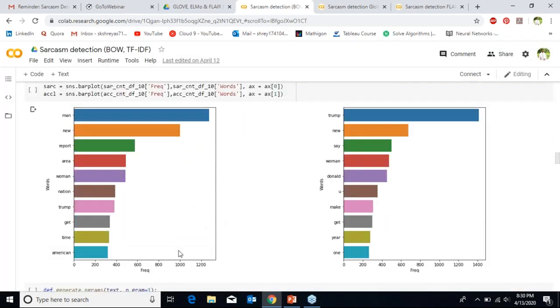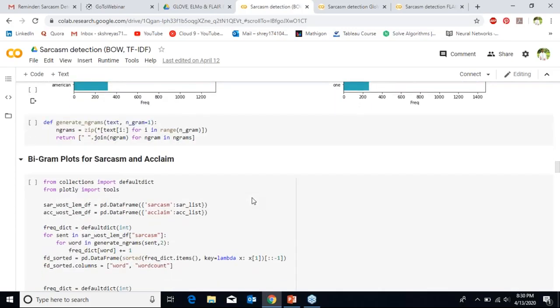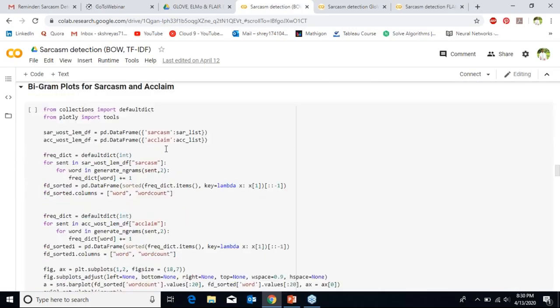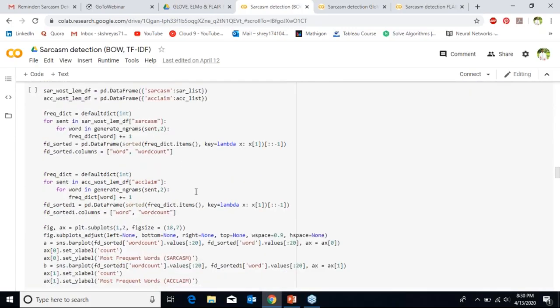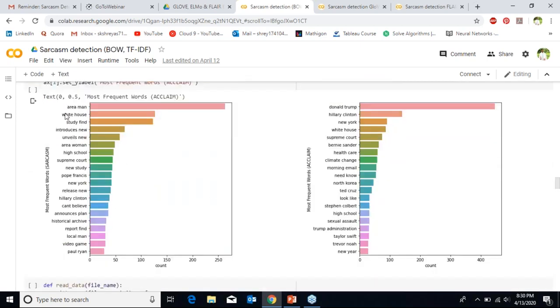This plot shows the frequency of each and every word in the corpus. These are the most frequently occurring words classified as sarcastic, and these are the most frequently occurring words classified as not sarcastic. I have made bigram plots also for sarcastic and not sarcastic words, showing the most frequent bigrams.